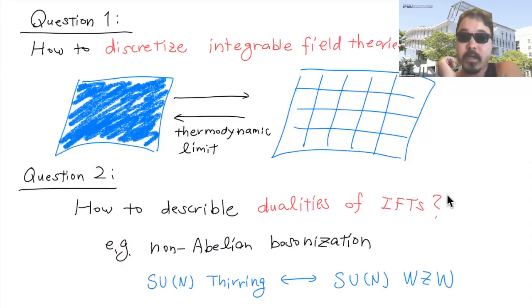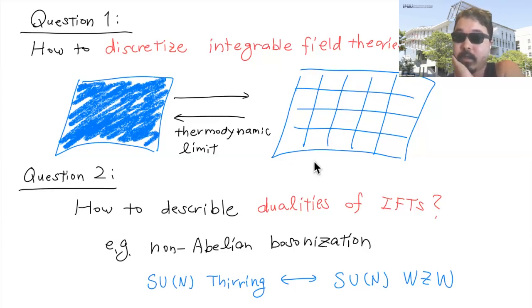Now we're going to discuss the two questions which we want to address in this particular setup. The first question is how to discretize integrable quantum field theories into lattice models. So here on the left, we have an integrable quantum field theory, and it is discretized into a lattice model. If you want to go back, you can take some continuum limit. Of course, this has been discussed quite a bit, and as far as I know, this was one of the historical motivations for thinking about integrable models at the outset in the 80s or so.